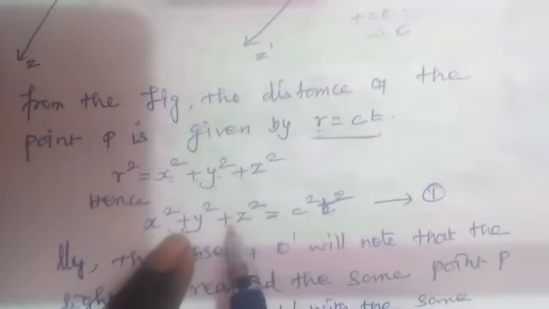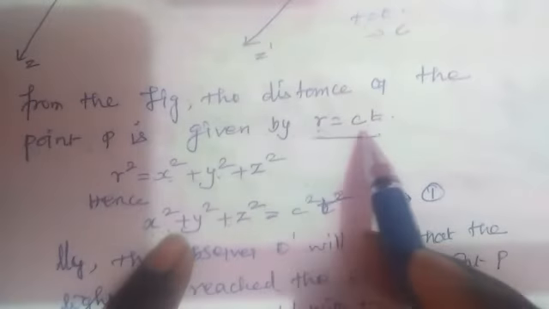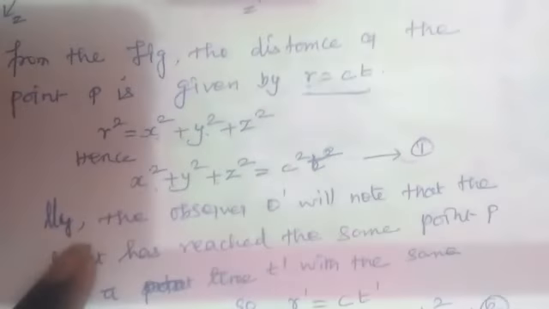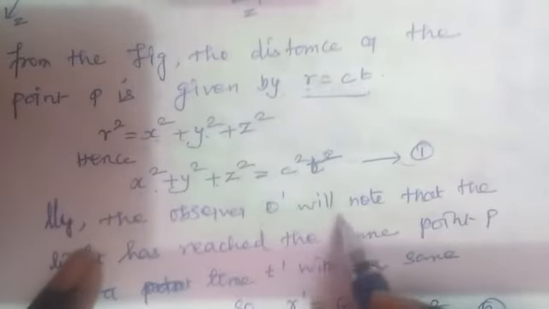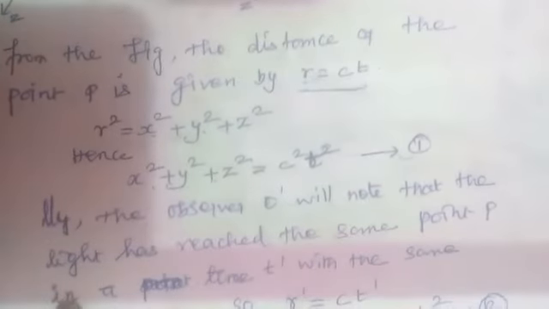Hence X square plus Y square plus Z square is equal to c square t square. This is equation number 1.